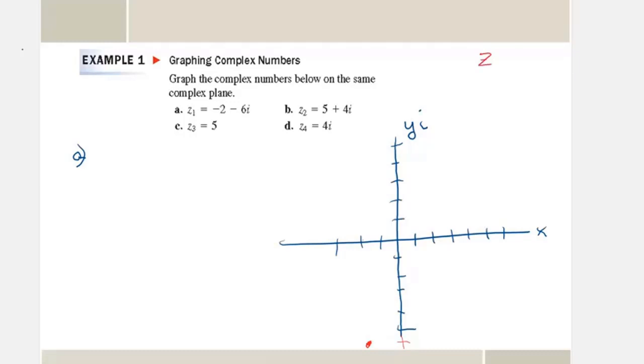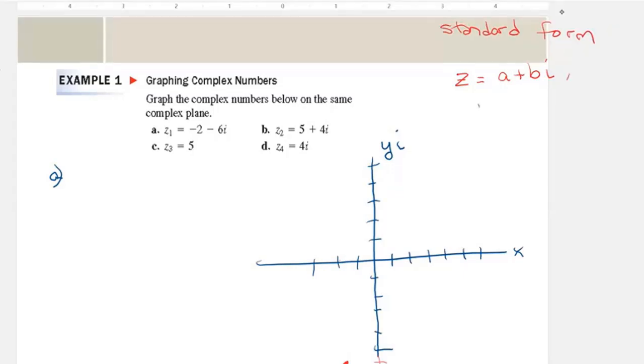Let's say we have z is equal to a plus bi. This is called standard form. All complex numbers have to be in this form, where a and b are real numbers.